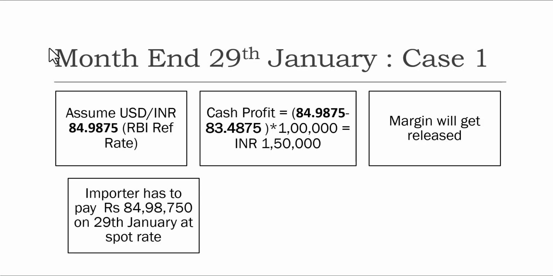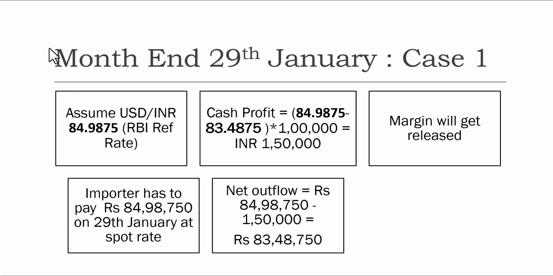Then the importer has to pay now. Because the rate is 84.98, he's going to go to the bank and say that I need dollars, because that spot transaction is separate and this is just a transaction to hedge yourself. The stock exchange has given me 1,50,000. Now I go to the bank and buy dollars at 84.98, which is the spot rate on 29th of January. So I pay 84,98,000.